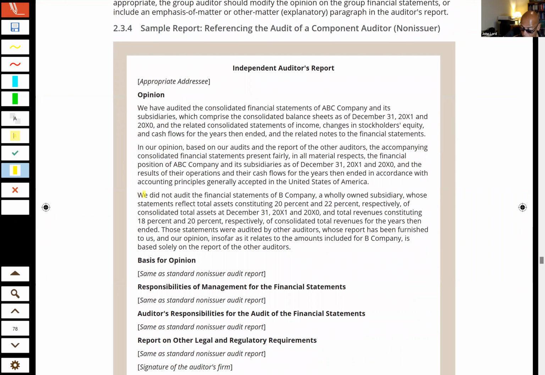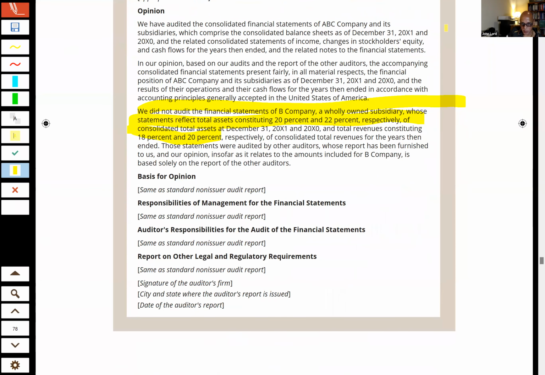We don't give you an example of what it would look like when we don't make reference, because it's exactly how you memorized. But here, for a non-public company, we mention in the opinion paragraph, and we simply call out what portion they audited. Okay, the rest of the report is exactly as you memorized.